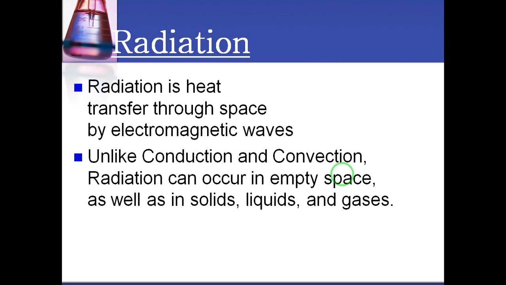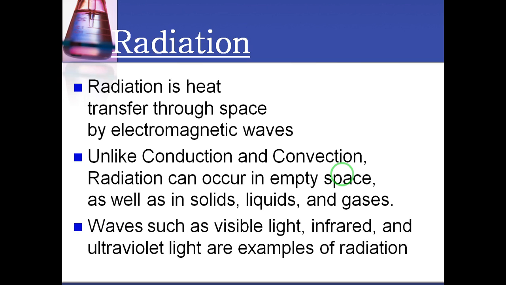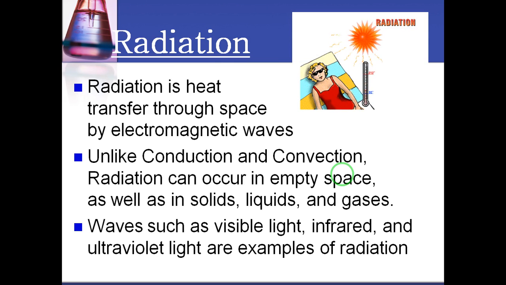Radiation is heat transfer through space by electromagnetic waves. Unlike conduction and convection, radiation can occur in empty space as well as in solids, liquids, and gases. Waves such as visible light, infrared, and ultraviolet light are examples of radiation.